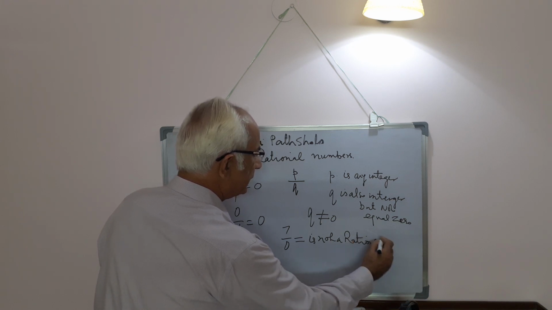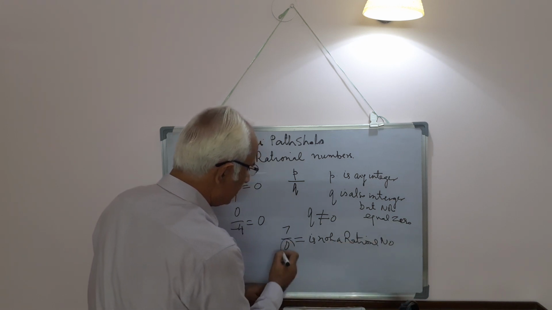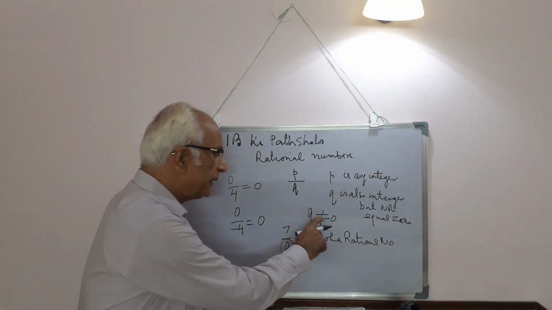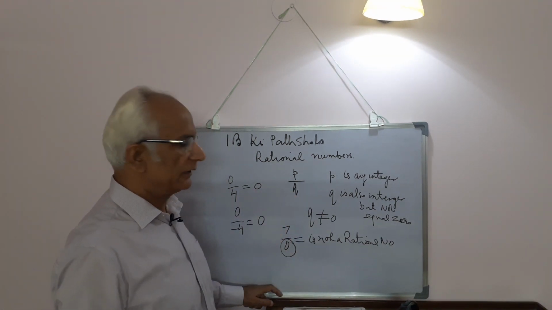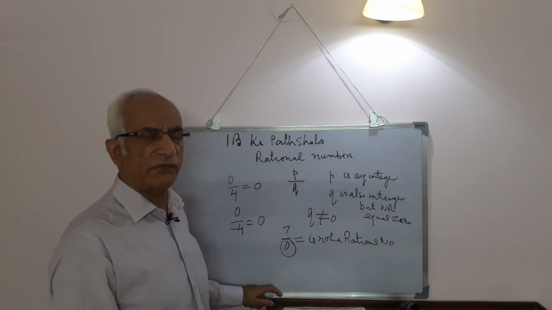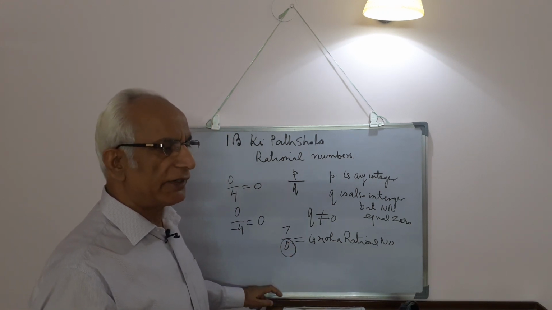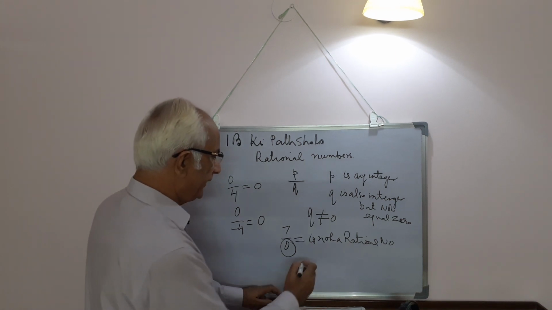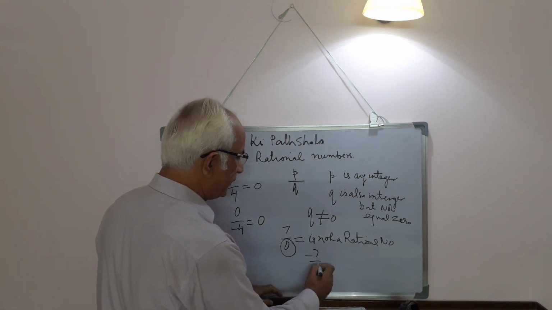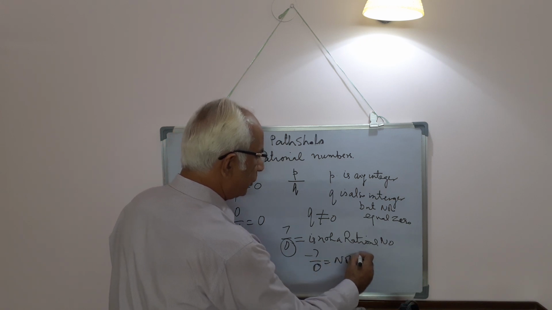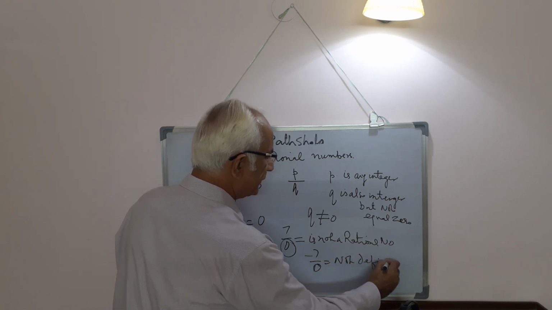Why? Because Q is 0 here and Q cannot be equal to 0. This is in fact not defined. We say whenever we divide an integer by 0, the answer is not defined. Or minus 7 upon 0, not defined. So it is not a rational number.